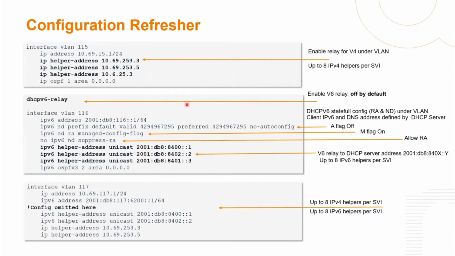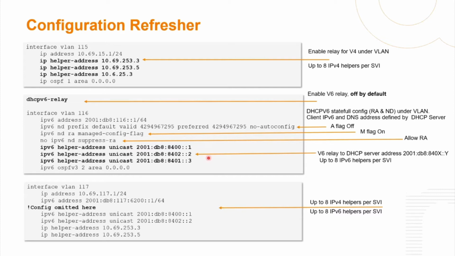If you're going to use v6, remember you need to enable that globally first, and then put your helpers under the VLAN. And this just shows a basic stateful configuration where you're going to use DHCP Relay to assign your v6 addresses. We support, again, 6 helper addresses underneath the VLAN. But remember, we only support unicast at this moment and no support for multicast.